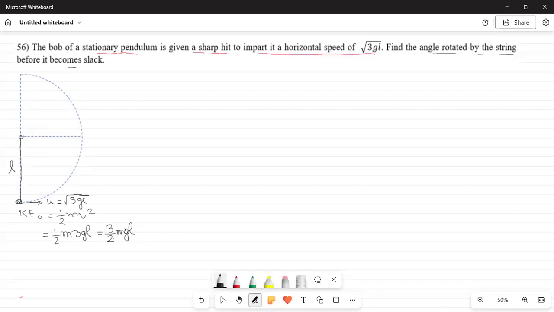Now, wherever it goes, it has to go there at the expense of this much energy. It does not have any more energy anywhere.